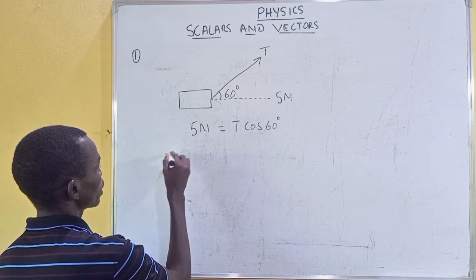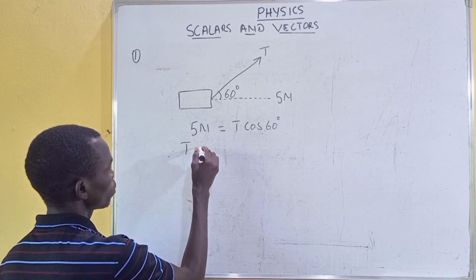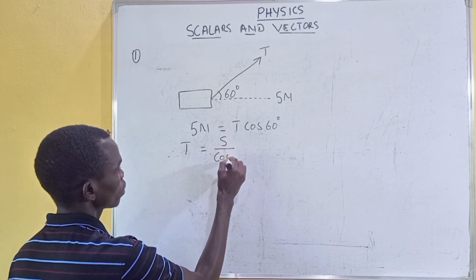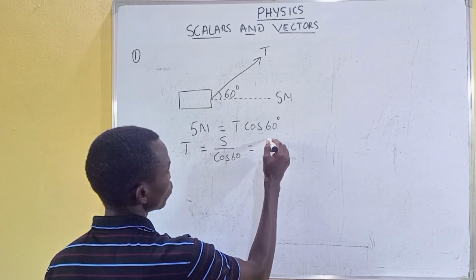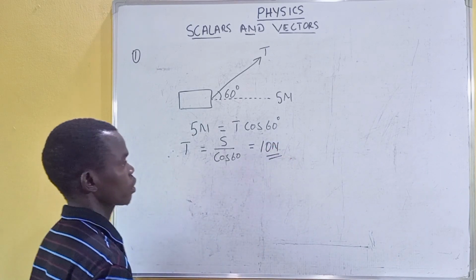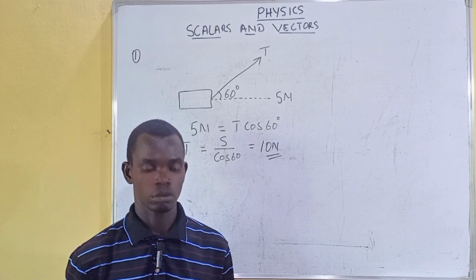From here, we can get our T by making T the subject of the formula, which is equal to 5 divided by cos 60. This will now be 10 Newton. This is our answer to this question. Let's look at example 2.